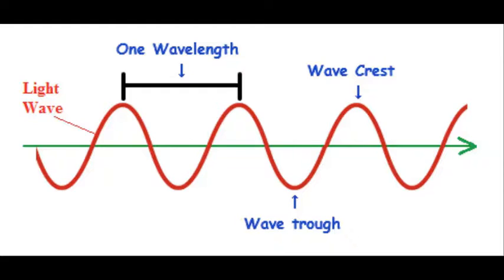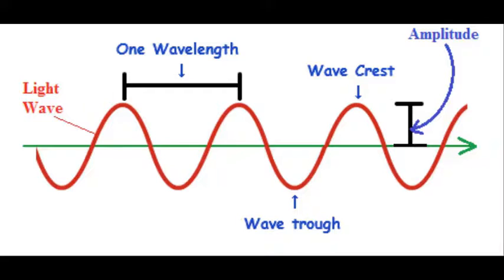Another characteristic of light, again because light is a wave, is its amplitude. How high are the crests and troughs is basically what amplitude is. And it's not completely correct, but it's not bad to think of amplitude as a measure of how bright the light is.